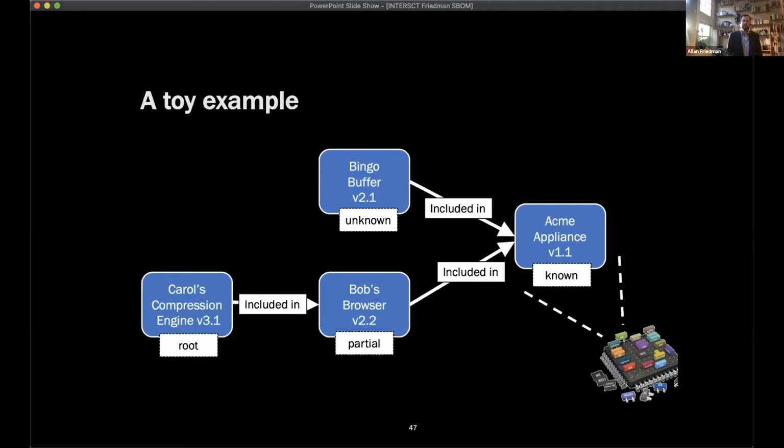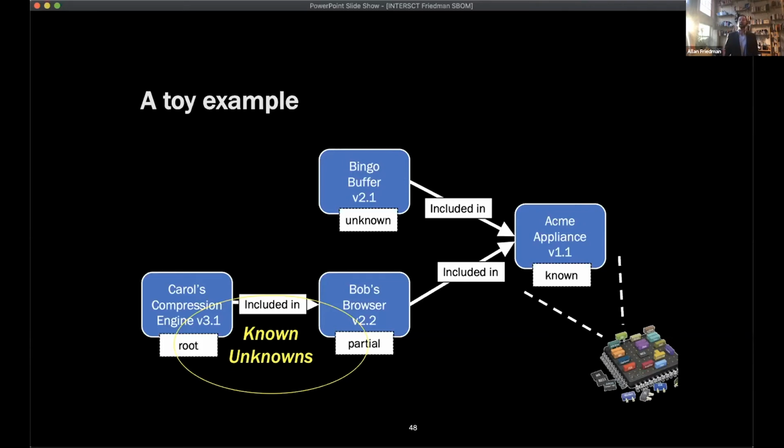But to the point I was making about known unknowns, this is one of the key parts of this, because we're not going to have complete information as we start this. In this case, we know for certain that Acme appliance has exactly 2 dependencies. We have no idea what's in Bingo Buffer. It may have a lot of dependencies, it may have none. We know that Carol's compression engine has no further dependencies, right? We know that it is either a leaf or a root, depending on how you talk about your trees.